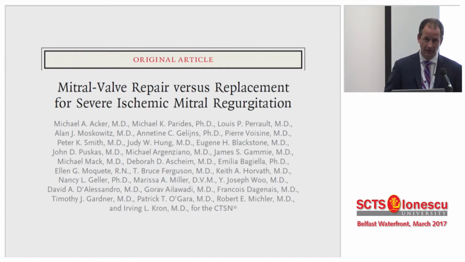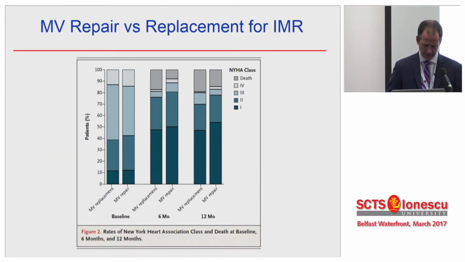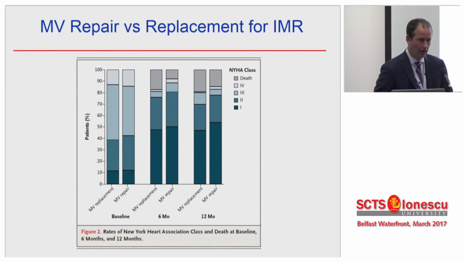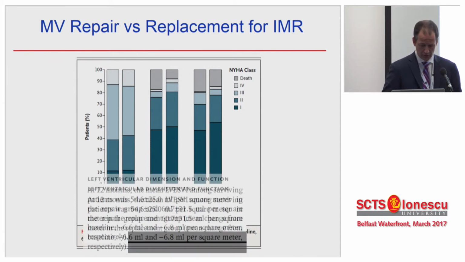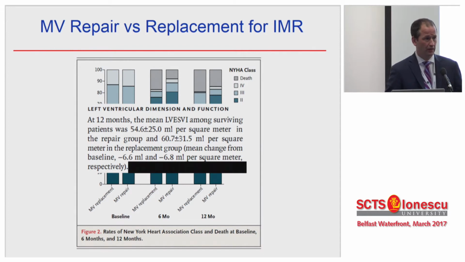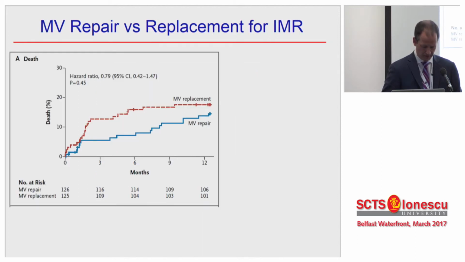So this is the CTSNet trial that you all know about as well. These are the one-year results that were published in the New England Journal of Medicine. Their primary outcome was left ventricular end-systolic volume index. When they looked at New York Heart Association classification, there was no big difference between repair versus replacement. And in end-systolic volume index as a marker of reverse remodeling, they also did not find any difference in these two groups of patients.